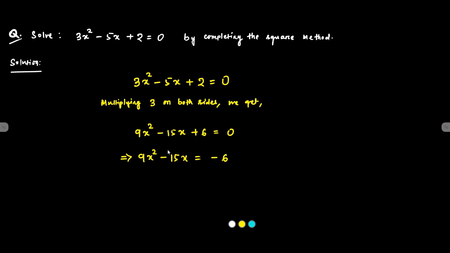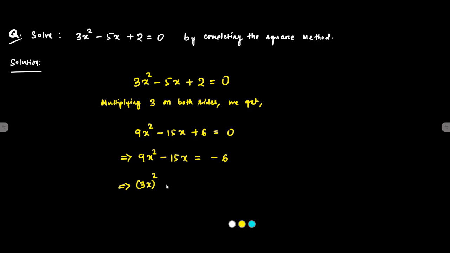So 9x square, we can write it as 3x whole square. That's why I multiplied 3 here, to bring it into a perfect square form. 3 square is equal to 9, so that we can convert it into a perfect square.